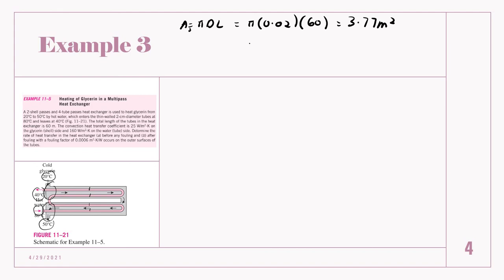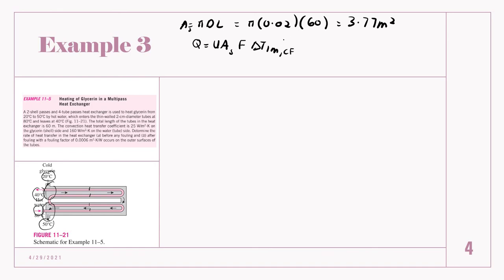Okay, so to calculate the rate of heat transfer for this shell and tubes heat exchanger, we can use this formula: Q equals U A times the correction factor F times delta T Lm for counter flow.